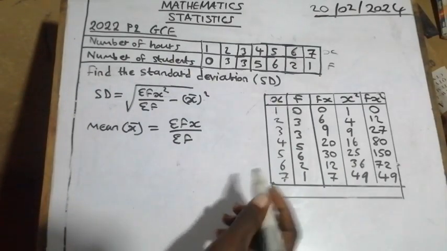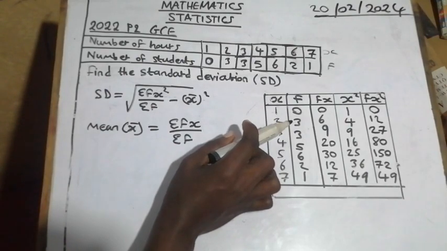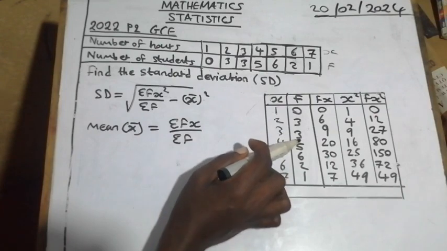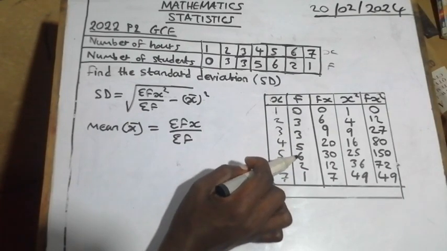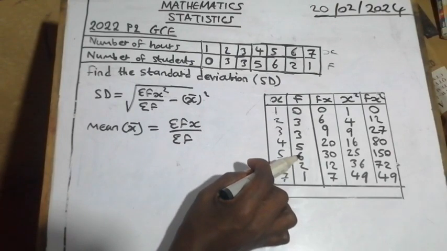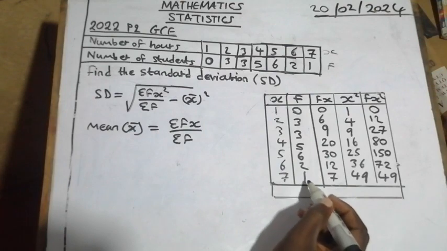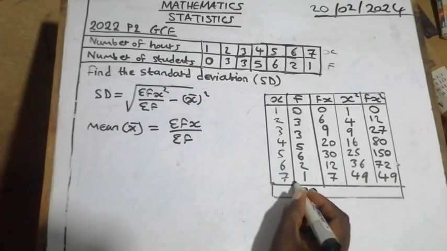If we add the column for frequency, we get 3 plus 3 it's 6, 6 plus 5 it's 11, 11 plus 6 it's 17, 17 plus 2 it's 19, 19 plus 1 it's 20. So this one will be 20.